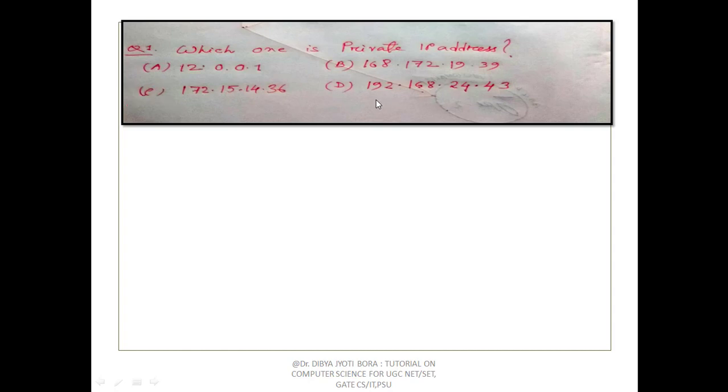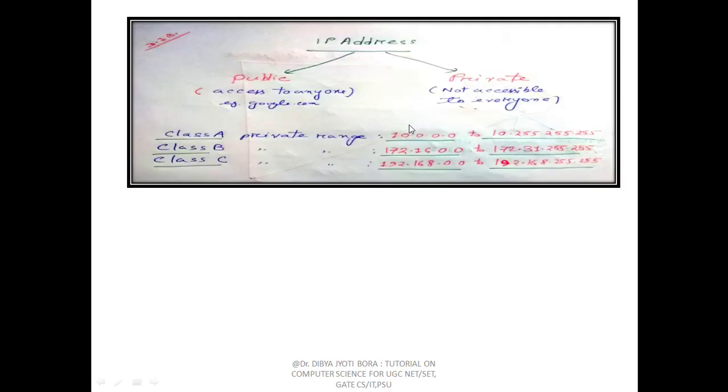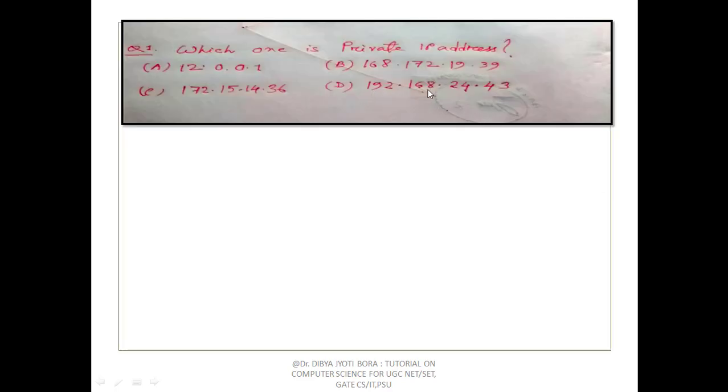Then the last one, 192.168.24.43. This is coming under the class C private range. Why? You have seen that class C's private range is 192.168.0.0 to 192.168.255.255, and it is very certain that 192.168.24.43 is falling under this range.